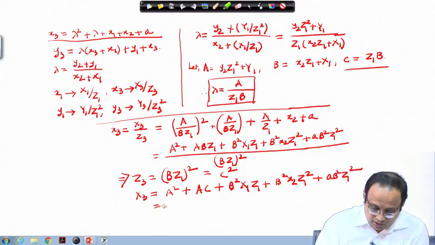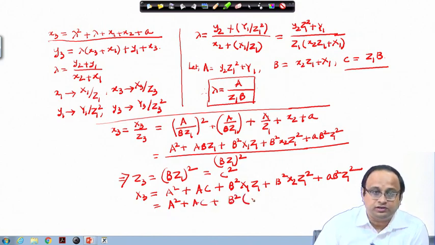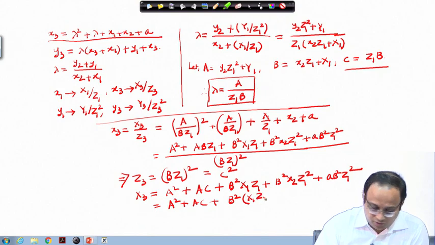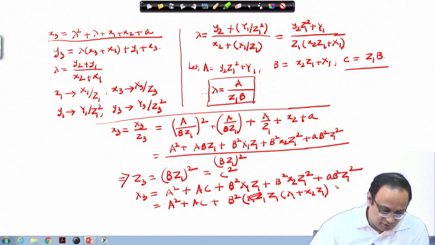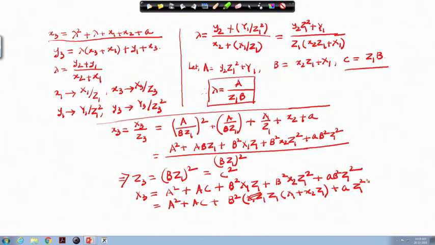I can take B square common from all of this, and take Z1 common, and write X1 plus x2 Z1, plus A Z1 square.